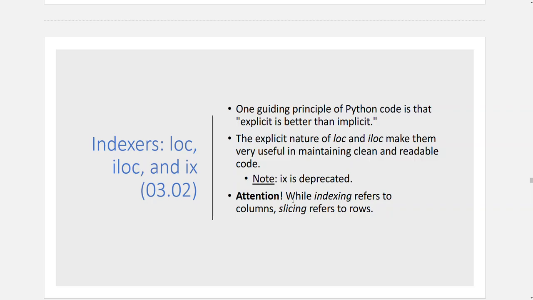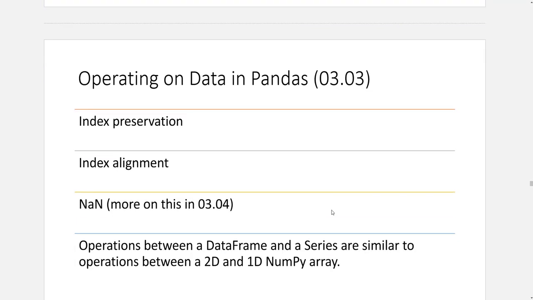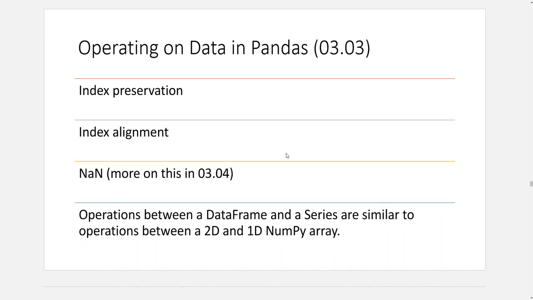Okay. So indexing is how we go through column by column. Slicing refers to rows, and iloc is us slicing. We've got an entire notebook going through and getting used to that.